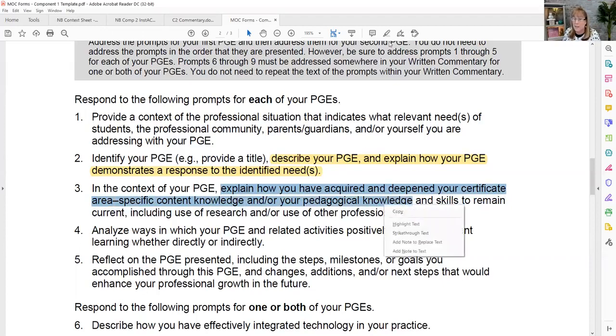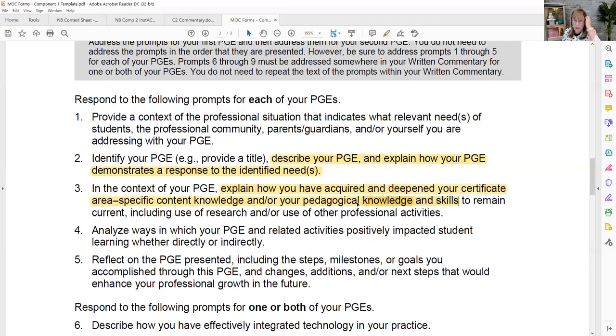So what is the difference? Content is what the students will know and be able to do, and pedagogy is the vehicle. It's how they get there. It's the platform maybe, or the strategy. That's your pedagogical knowledge and skills.